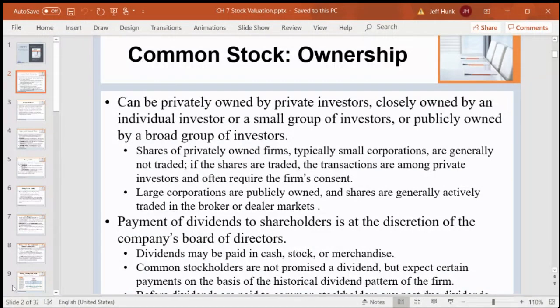What are penny stocks? Penny stocks are stocks of very low face value. Why? Because these are the stocks of companies that are not publicly traded. They are generally small companies and small startups.